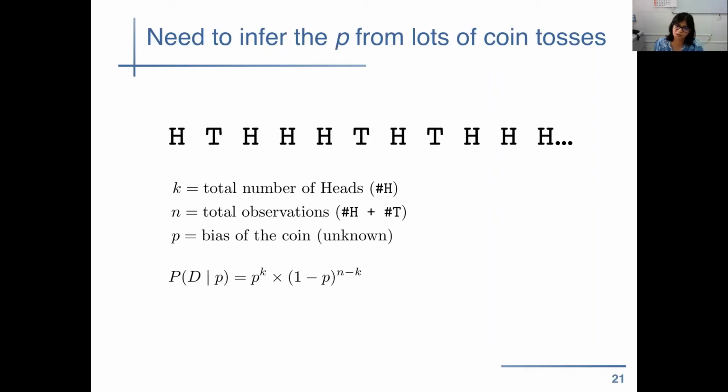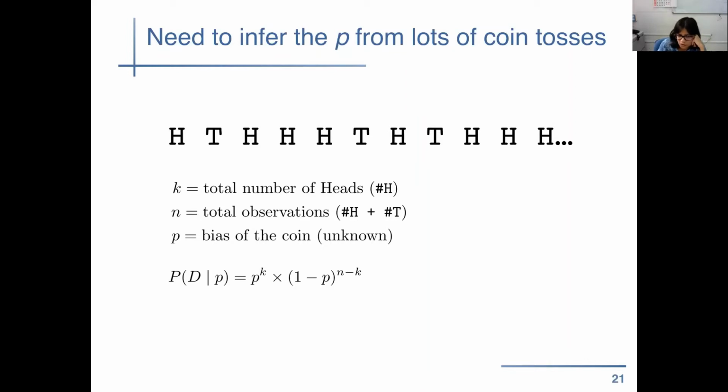But you do know that if you use the variable P, you can write the probability of seeing this data. Now, this is conditional, right? The line in between, which I used earlier also. It just means that given that you know your P, it's just P raised to K times 1 minus P raised to N minus K, which follows from the number of heads and number of tails.